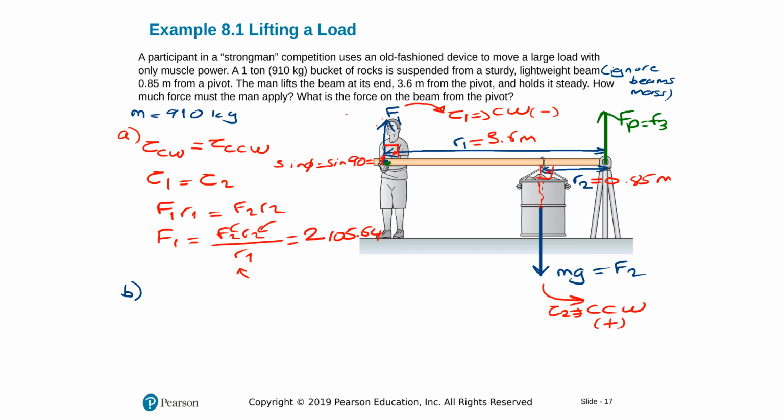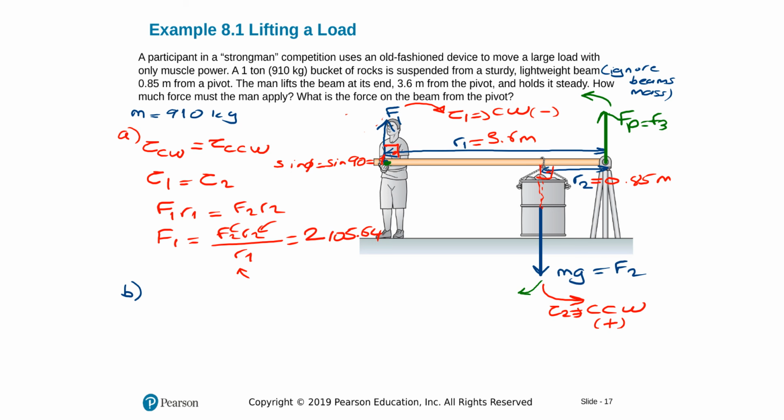Then I don't have to worry about this force. It will have a 0 torque. And then look at the torque of this new force I'm considering, the pivot force. And the torque of mg would be in the other direction with respect to this new pivot point. But I don't have to take that, it's longer.